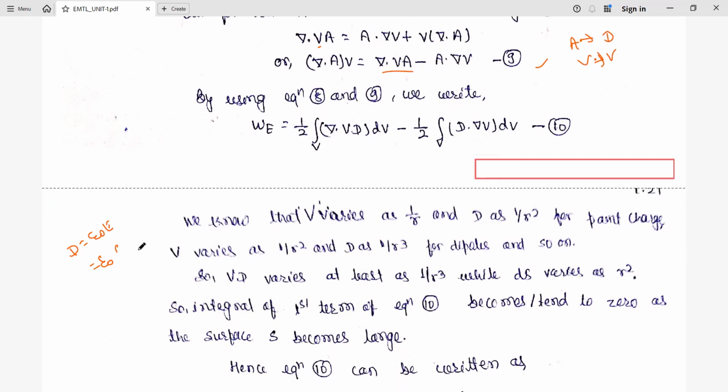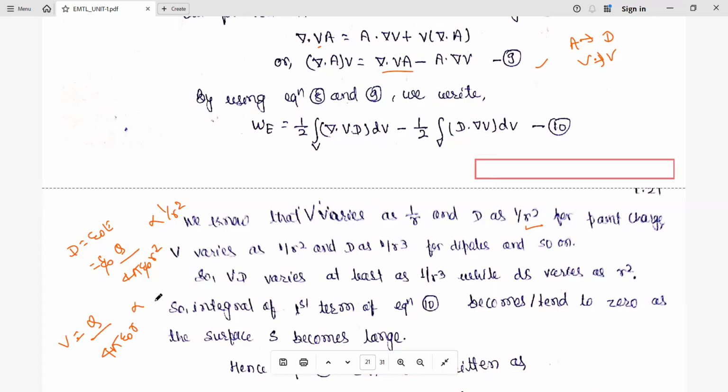That is Q by 4 pi epsilon naught R square. So this epsilon naught will be cancelled. Then also flux density is proportional to 1 by R square. Whereas we know about the potential, that is equal to how much? Q by 4 pi epsilon naught into R. So it is proportional to 1 by R.